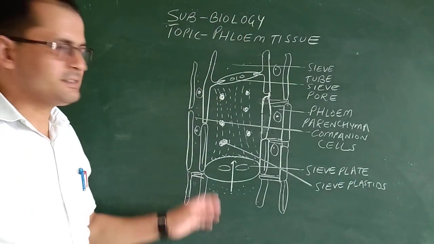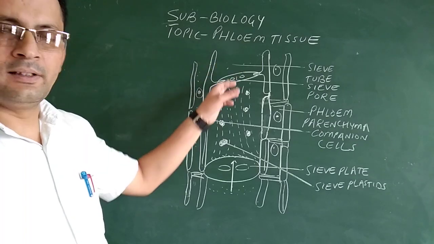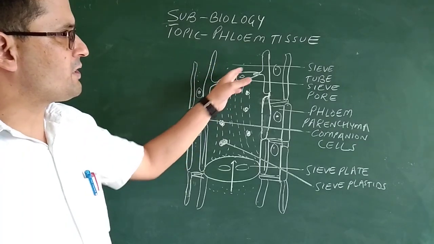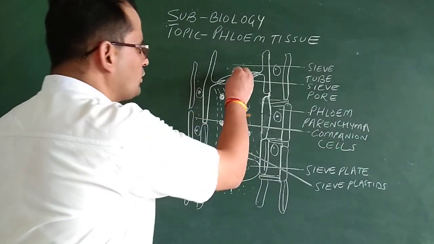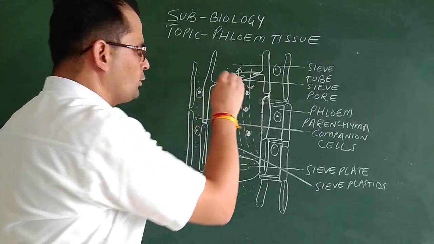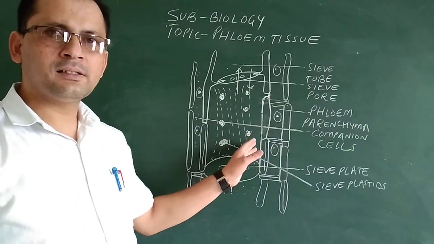So you can see this is the diagram of the phloem tissue. It consists of the sieve tube, which are tube-like cells having pores known as sieve pores. These sieve pores allow the movement of the organic solutes. Then next to the sieve tube are the companion cells.